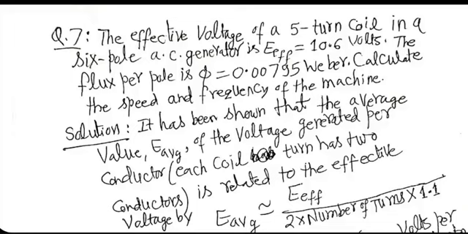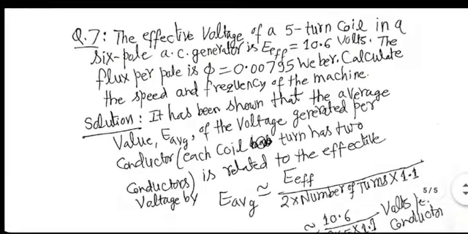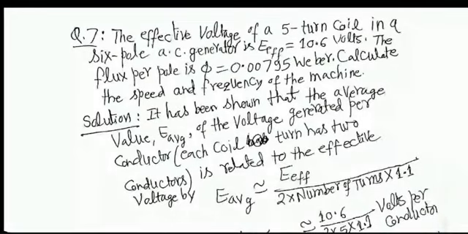Now, here is one equation which I have not proven anywhere. I've taken it from sources where the proof is given. The average value of the voltage generated per conductor on the armature side. Each coil turn has 2 conductors, okay? We are not considering the wires which are joining the 2 conductors. We are considering only the main wires.